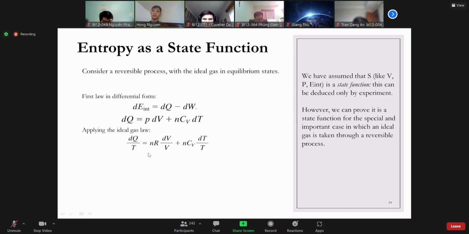So P over T will equal nR over V. We apply our first law of ideal gas law. Then we take the integral to have, you see here, the formula to calculate the entropy. What is it?